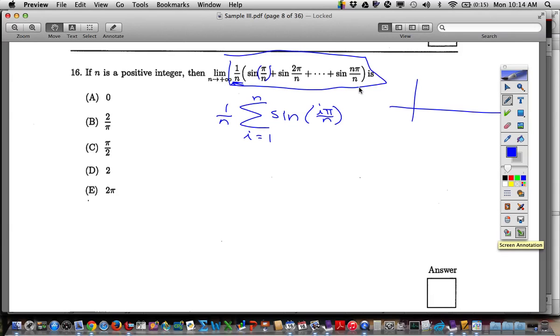Now normally what we did with these is we said, okay, this part, the 1 over n, that's going to be the dx, right? And this part on the inside, this messy stuff on the inside, is what? That's the x. So what many of you were thinking is that then this would be that, like so.